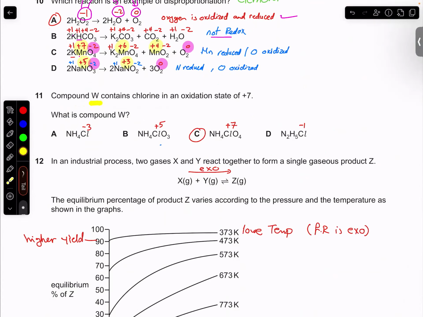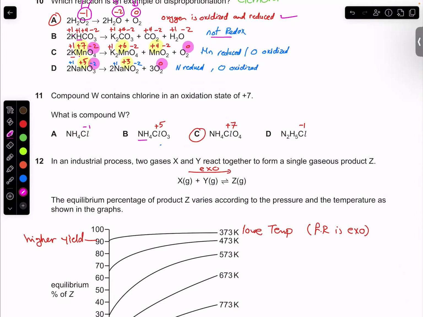A compound W contains chlorine with the oxidation state +7. This is easy. Just calculate the oxidation state in each one. Here, the oxidation state of chlorine is -3. If you want to calculate it, we can calculate it in this way. We can consider NH4 is +1. So here, this one is -1.